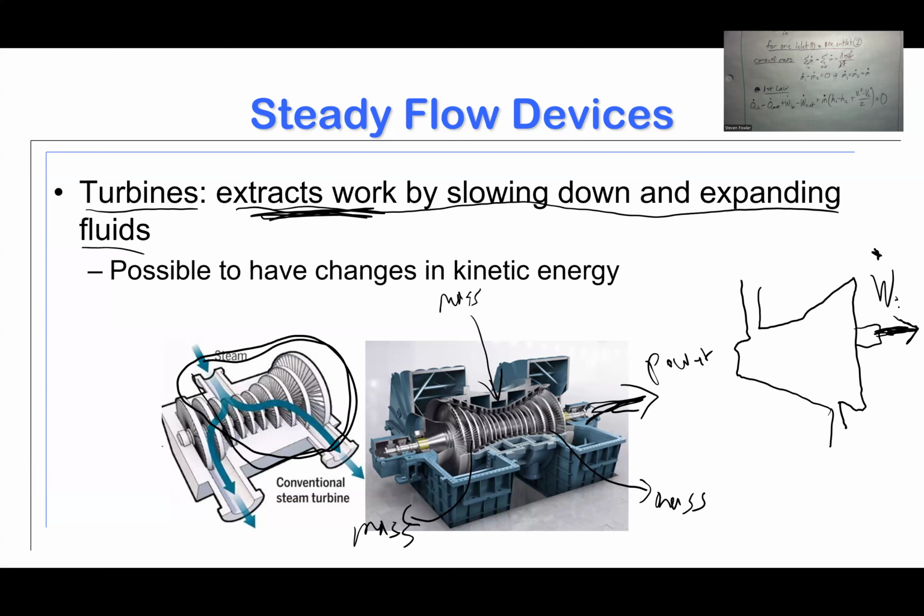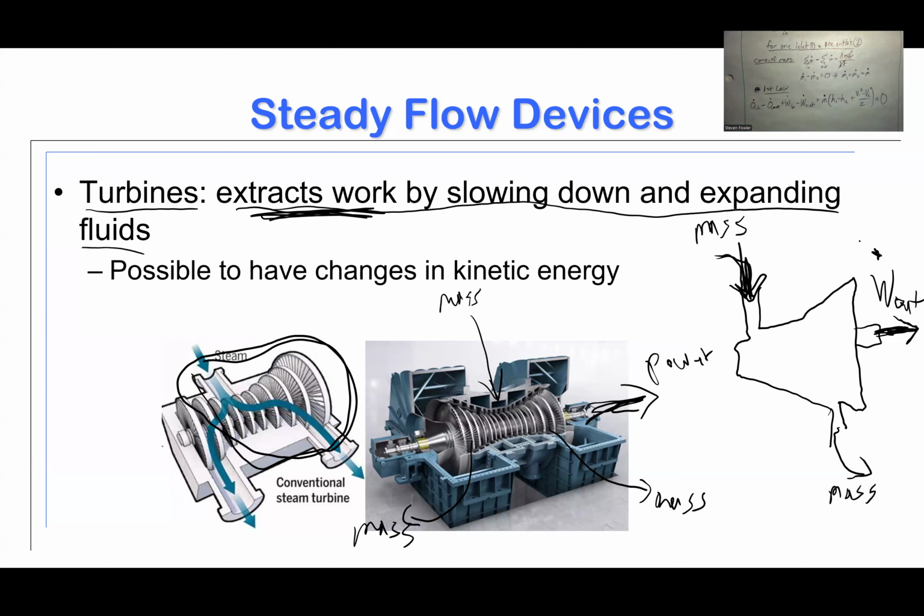Again, the purpose of a turbine is to extract a power output. So I'm extracting a power output by flowing mass into kind of a narrow end, and I'm allowing that mass to expand and cause components inside this device to extract energy from that mass as it flows through.